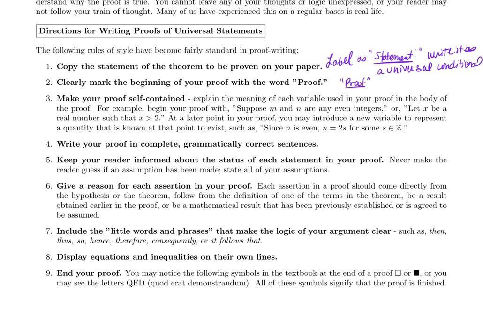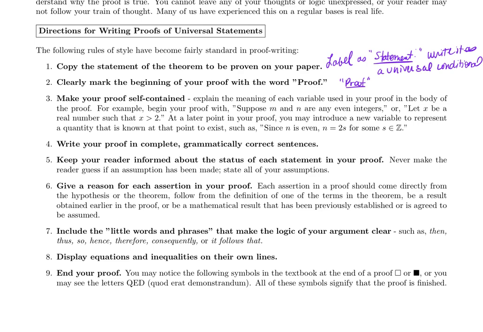At some point later in your proof, you can introduce new variables to represent quantities that are known at that point to exist, such as since n is even, n equals 2s for some s in the set of integers. If you are familiar with programming, you can think of this as defining or declaring your variables as you are writing your program. If you try to use a variable in a program that you haven't declared, your program will not run.